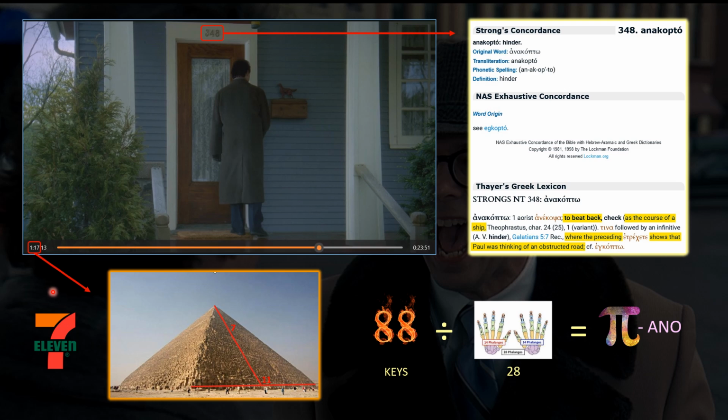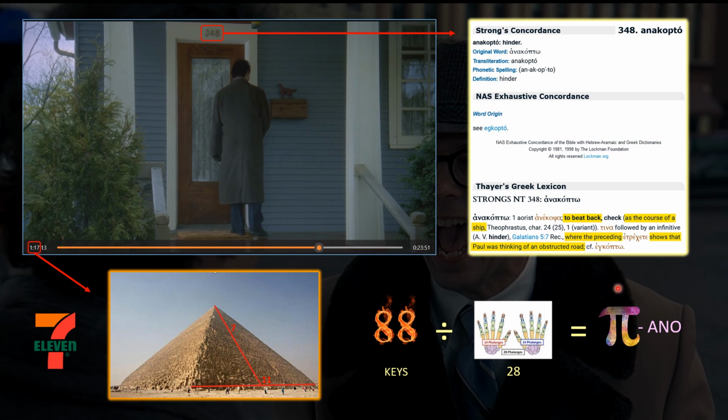It's an 11:7 reference or a 7-Eleven reference, and the number 7-Eleven, not only being a convenience store, is also the reference to the pyramids of Giza and the ratio of the Great Pyramid being 11 base with 7 height. And not sure if everybody knows, but a piano is also a reference to pi.